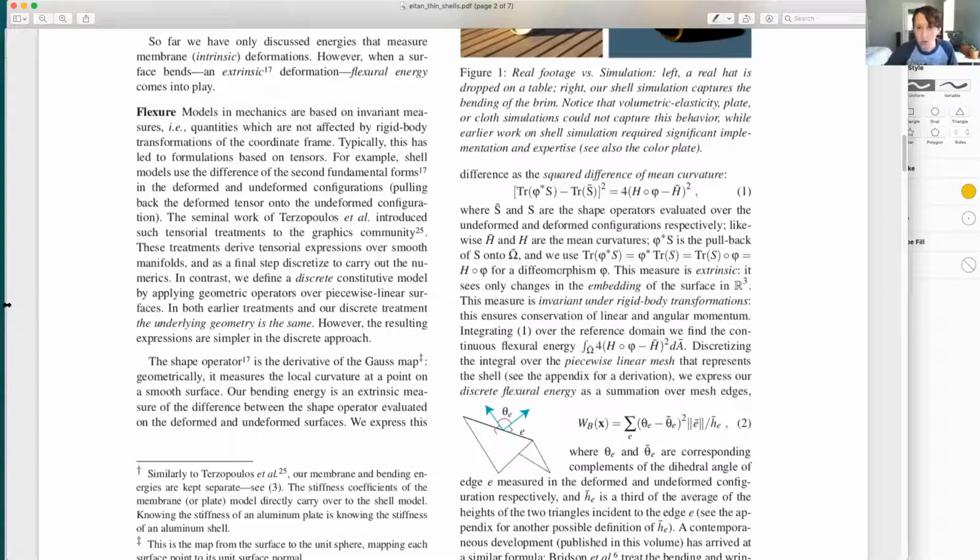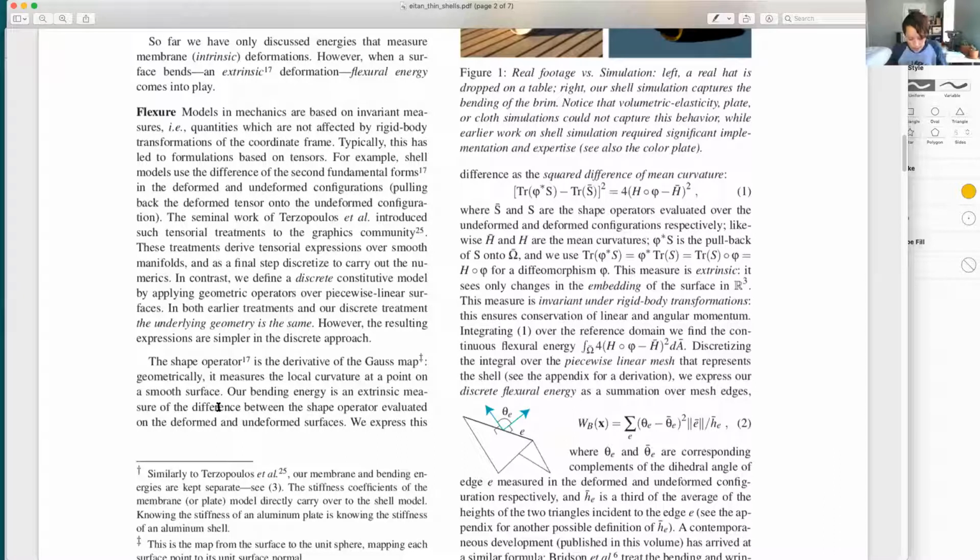Okay, so this paper does something that's really common in differential geometry. Basically what it does is it says, okay, what we want to do is express that deformation as an energy. So we're going to define a bending energy over my surface.